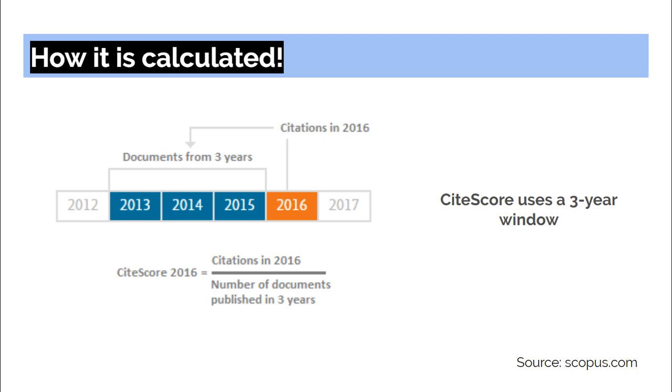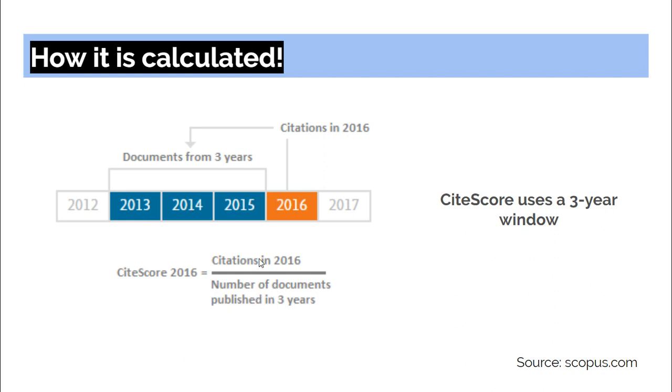SiteScore uses a 3-year window, which means if you want to calculate the SiteScore of 2016, that is SiteScore 2016, it will be equal to the citations received in 2016 for that particular journal, divided by the number of documents published in 3 years.